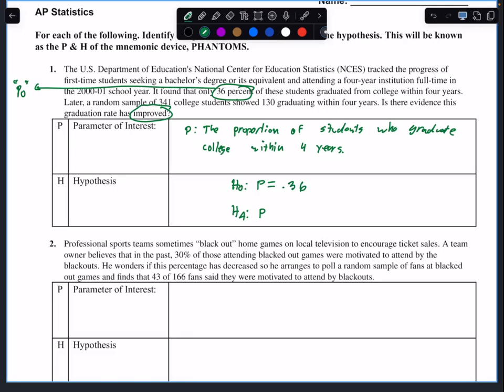Improved means greater than 0.36. And that's the entire problem that we're doing so far.